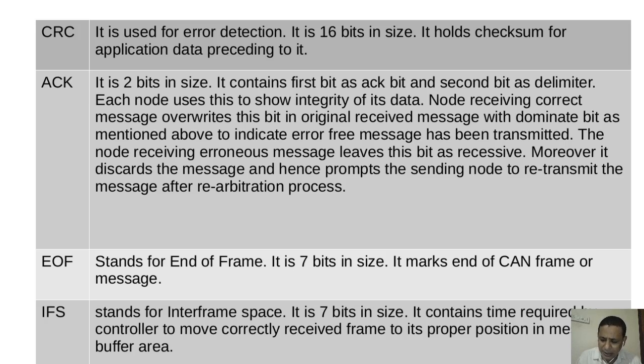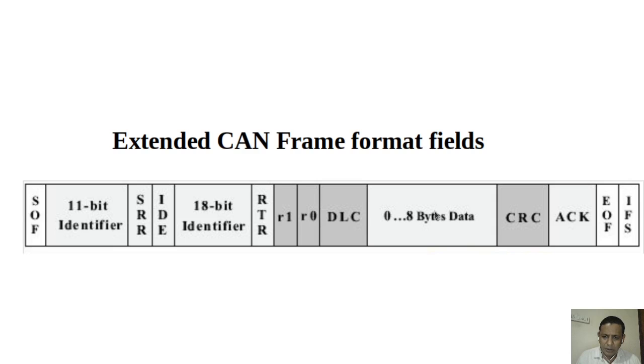So here you can see the extended frame format, that is start of frame, 11-bit identifier, SRR, IDE, 18-bit identifier, again RTR, R1, R0, DLC (data length code), 8 bytes of data, cyclic redundancy check, acknowledgement, end of frame, interframe space, IFS.